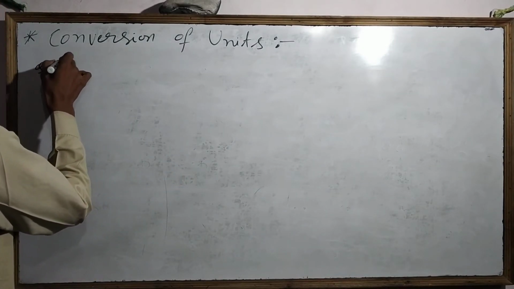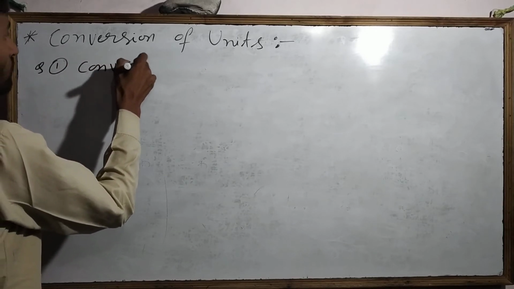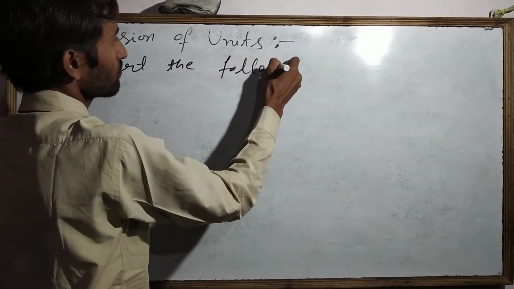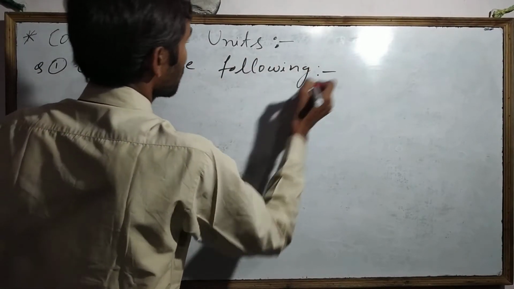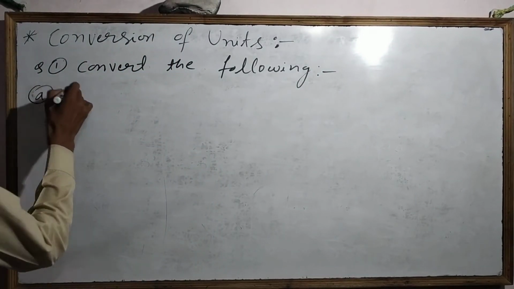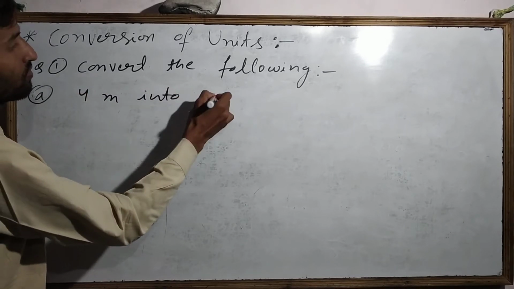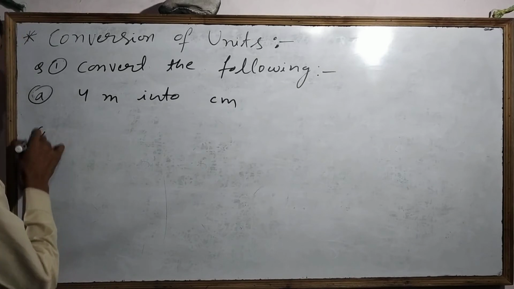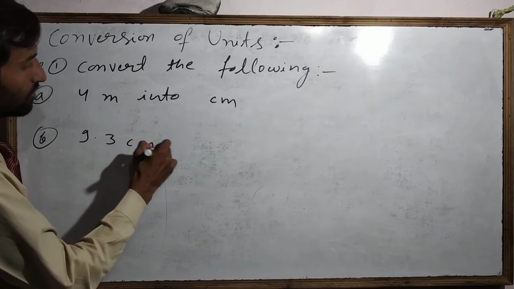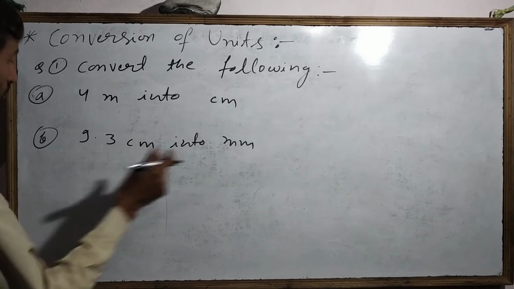Now I will write here: convert the following. First, a: 4 meter into centimeter. Second, b: 9.3 centimeter into millimeter, mm.